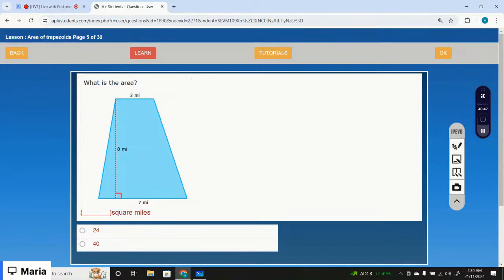Option number 2 is the correct option, that is 40 square miles.